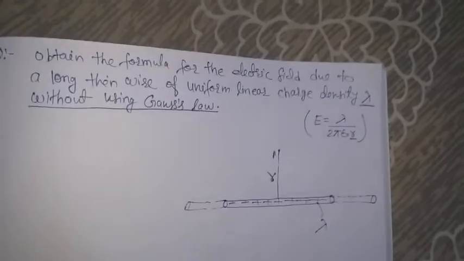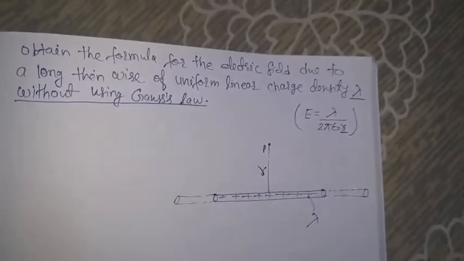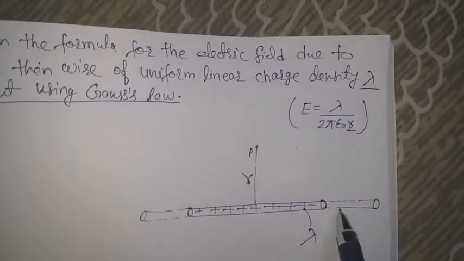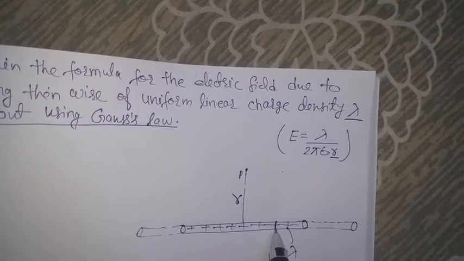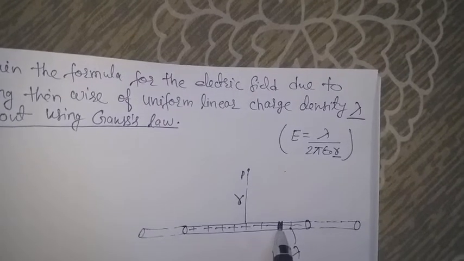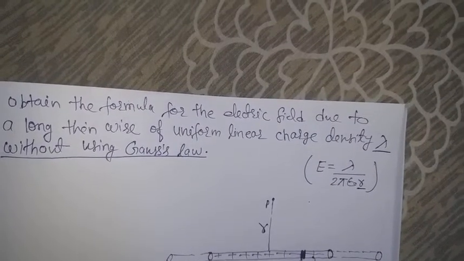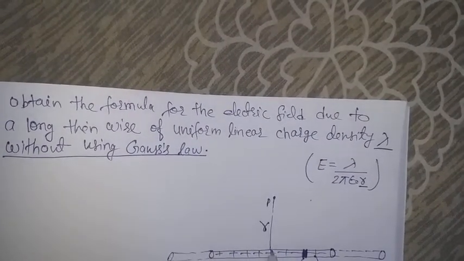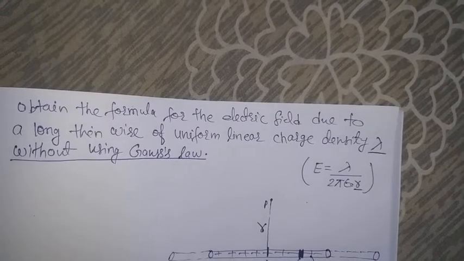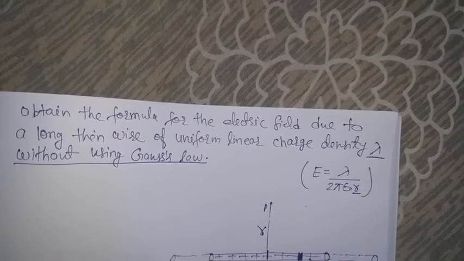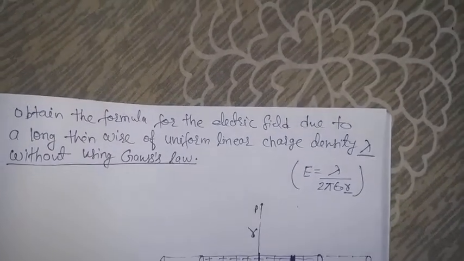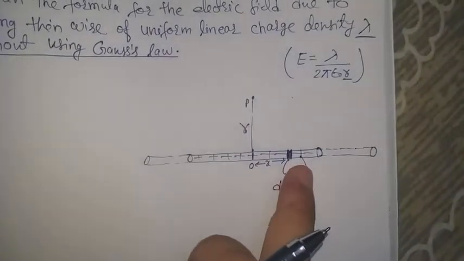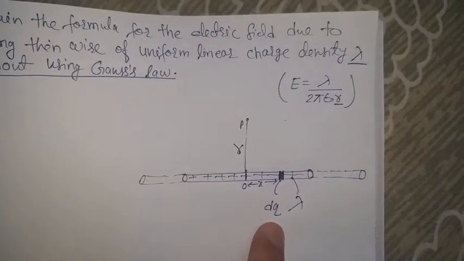As we know, Gauss law we have learned for the point charge, but here the charge is not given. So just take a point charge dq. Suppose this is a point O, and from here at a distance x we assume a charge dq.